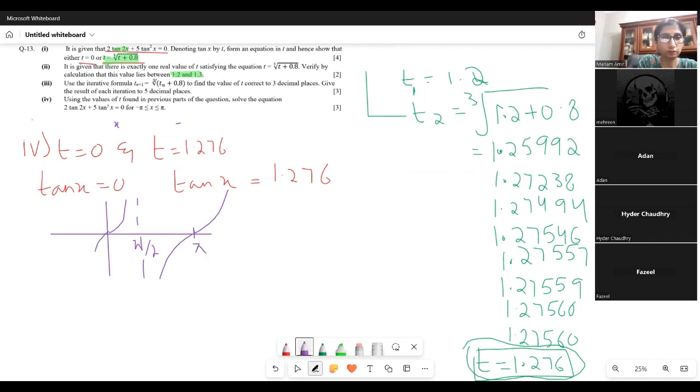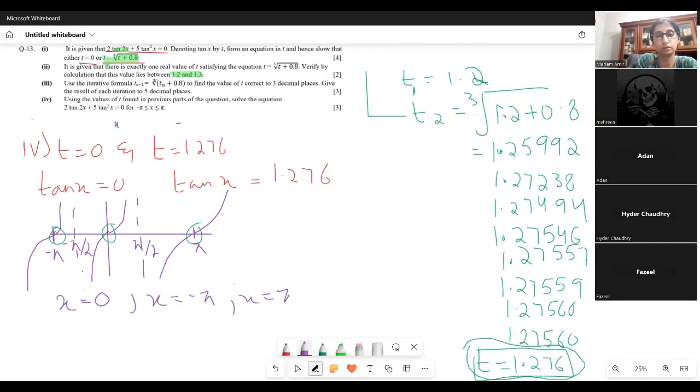Similarly it goes like this, with an asymptote at minus pi by 2, and then like this. So there's a 0 at minus pi, a 0 at 0, and a 0 at pi. So three of the answers for x are x equals 0, x equals minus pi, and x equals pi, because the domain is from minus pi to pi.